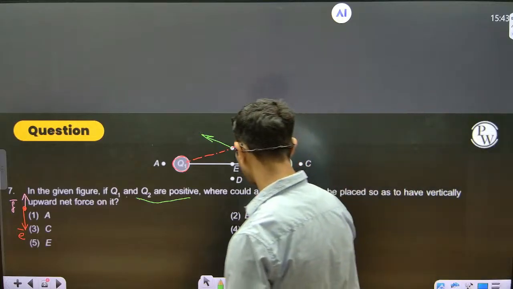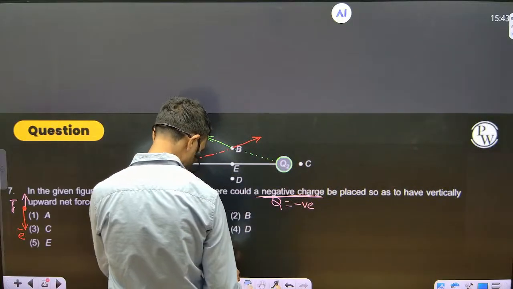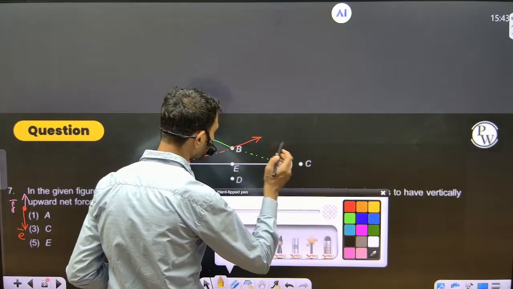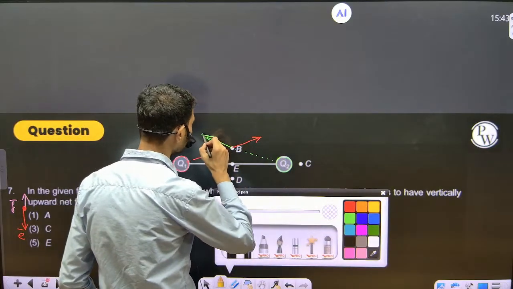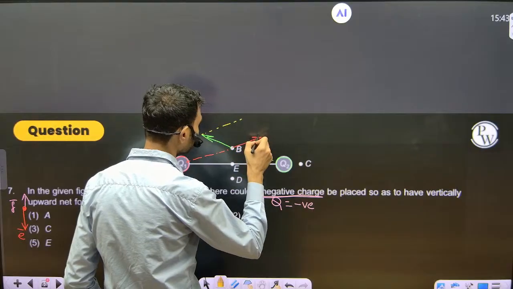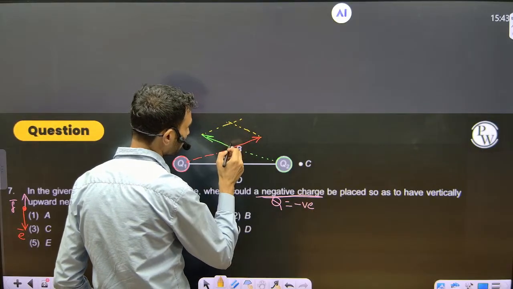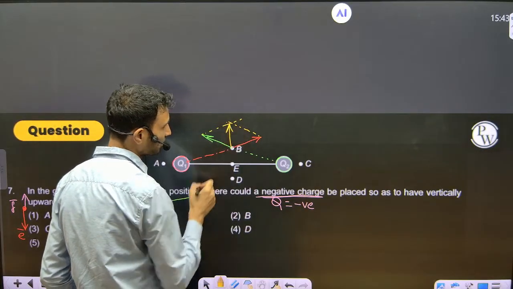So the sum will come out to be in which direction? Upward or downward? So by parallelogram, it will come out to be upward.